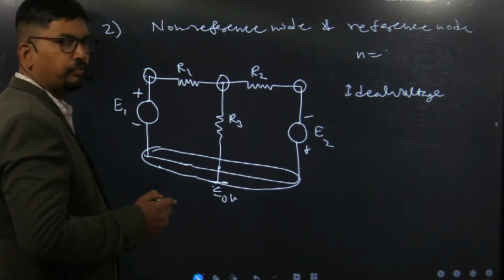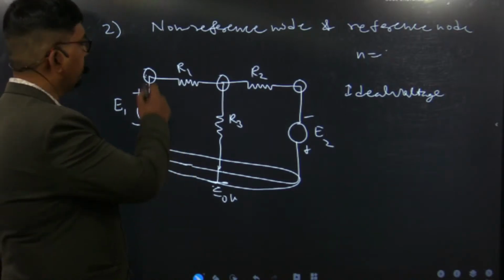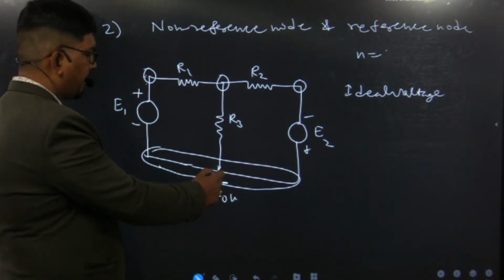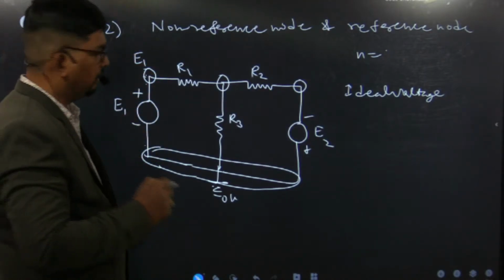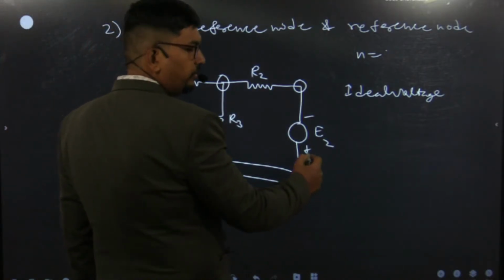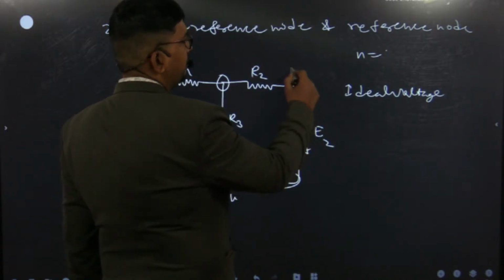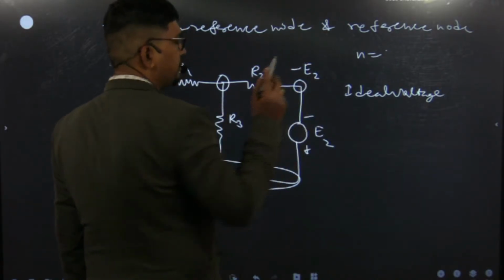Then you have to find the potential of these nodes. We will start from minus to plus, so the value of this node is E1. Similarly, for this node, going from plus to minus, the value of this node is minus E2.